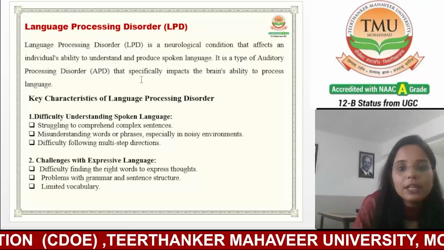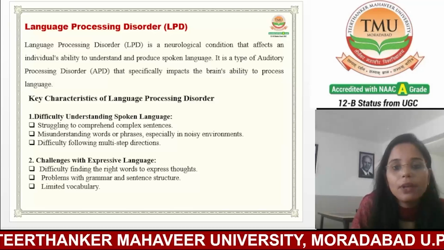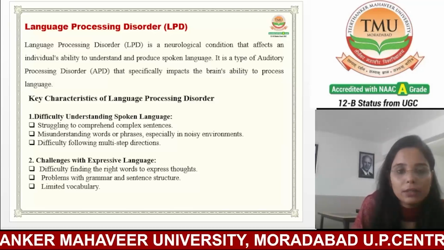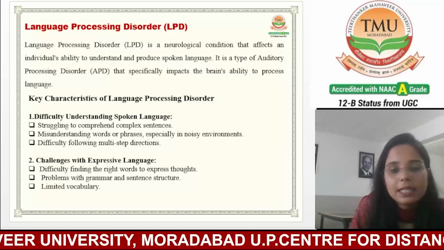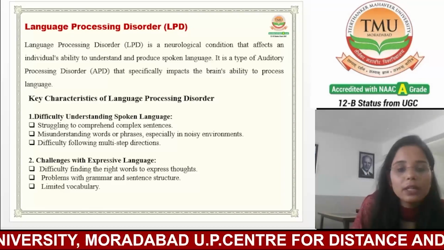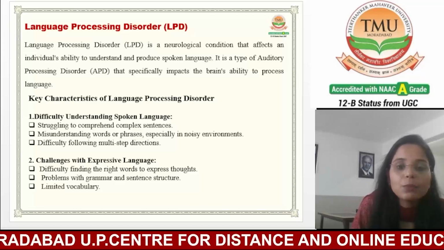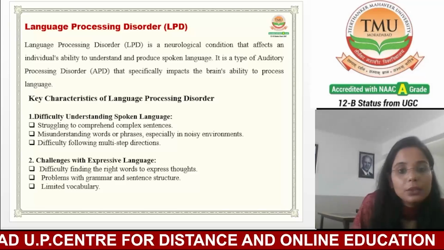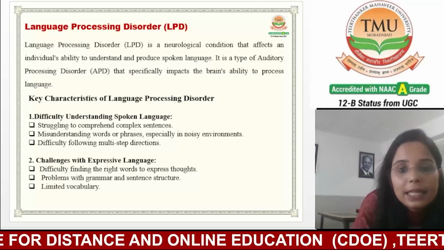After that, we are going to discuss the key characteristics of language processing disorder. We have mentioned a few key characteristics here. The first one is difficulty in understanding spoken language. First is struggling to comprehend complex sentences.